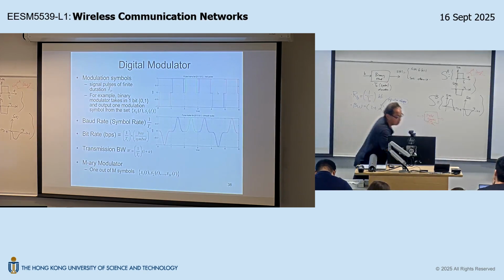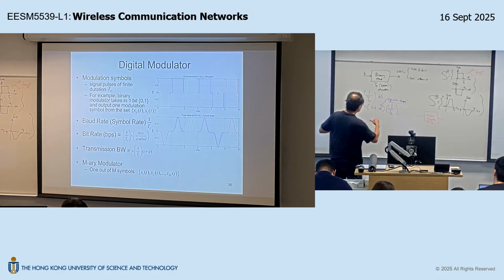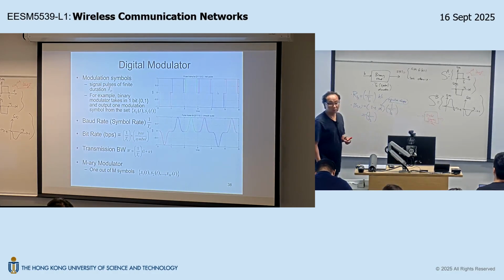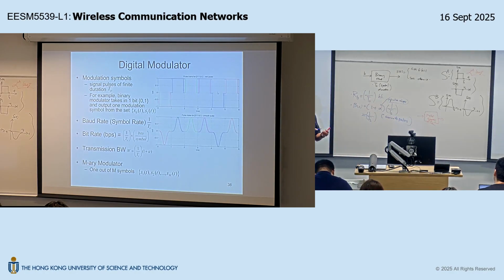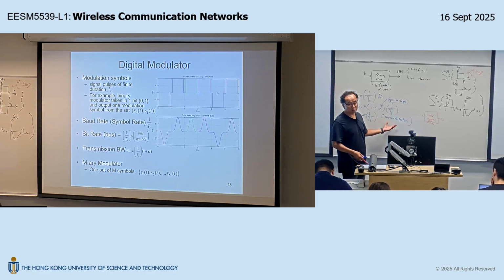So therefore, with this assumption, we'll just say that the bandwidth is given by this, under the assumption of smooth pulse. Because there is no real advantage of sending non-smooth pulse.